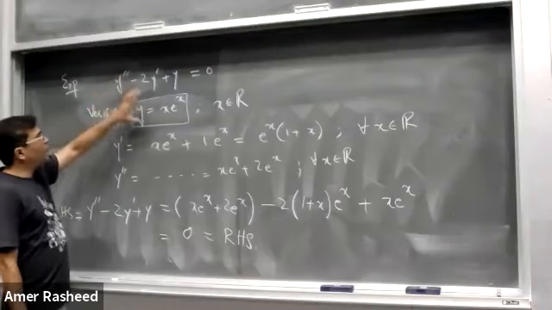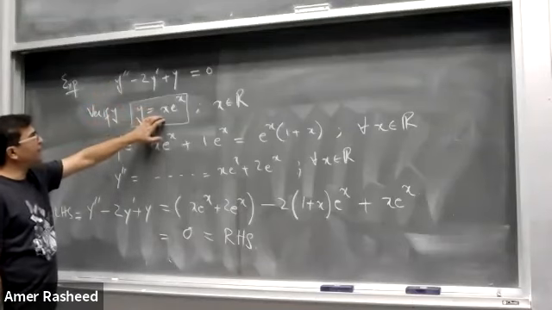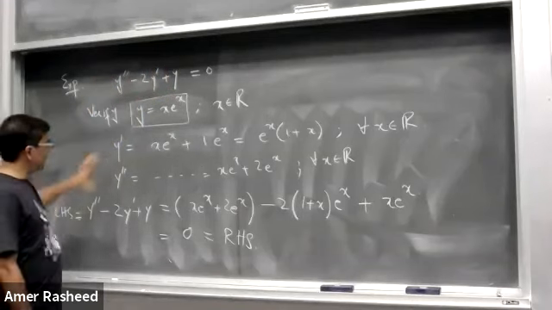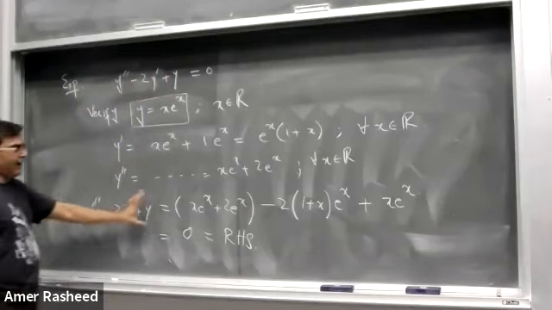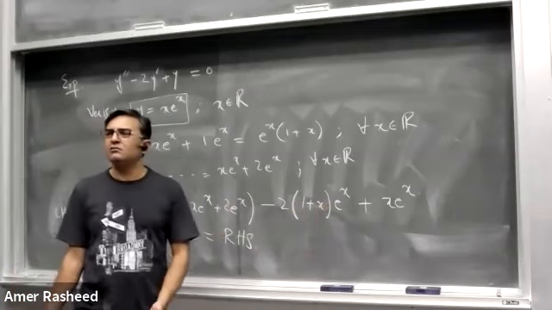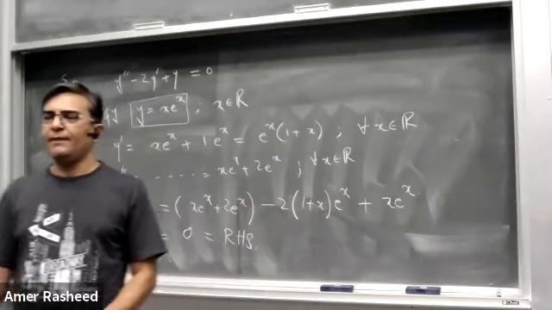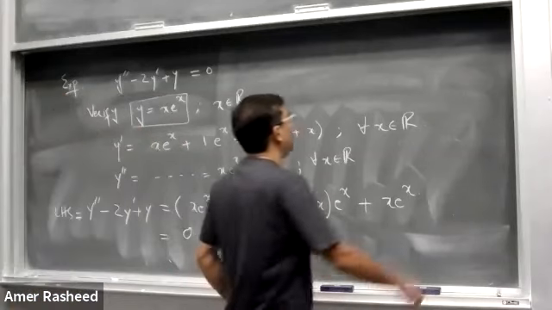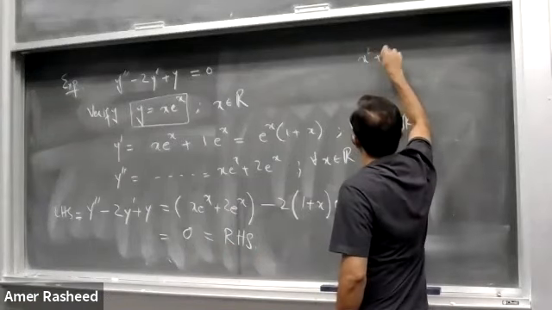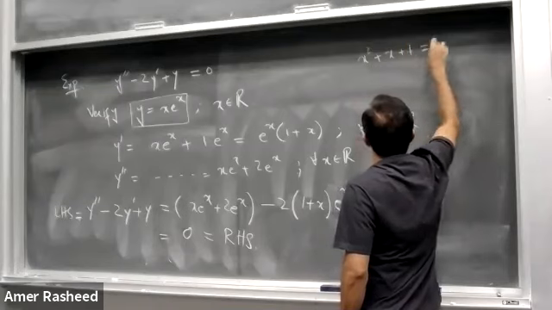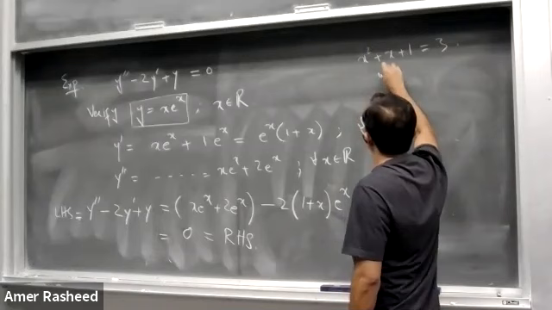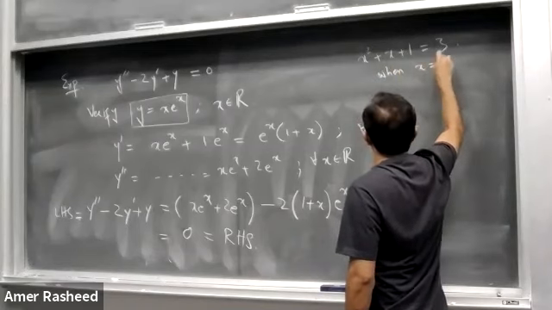If you want to check whether this function satisfies this equation, you start with the left-hand side, and you must arrive at the right-hand side. This is how we can prove it. For example, how can you prove that x squared plus x plus 1 is equal to 3 when x is 1?